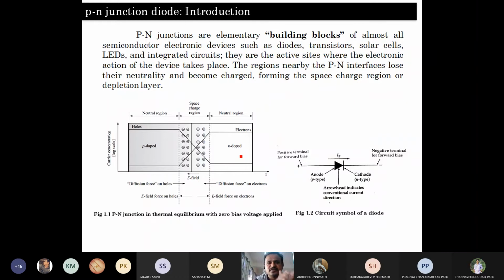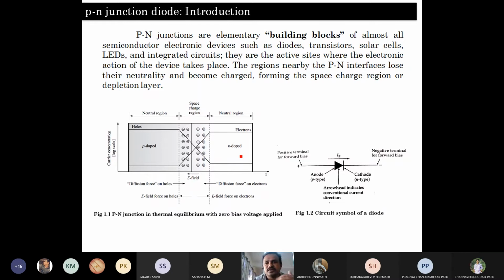Means these PN junctions become building blocks of all electronic devices which come under the semiconductor category. They are active sites where the electronic action of the device takes place. So whenever the electronic device is in action, obviously it is due to these active building blocks.